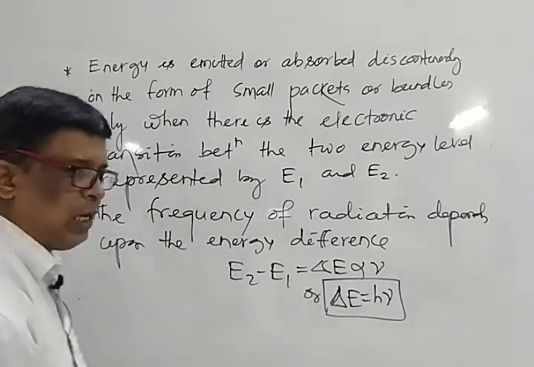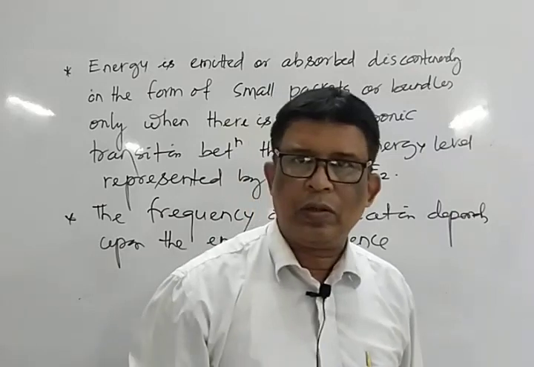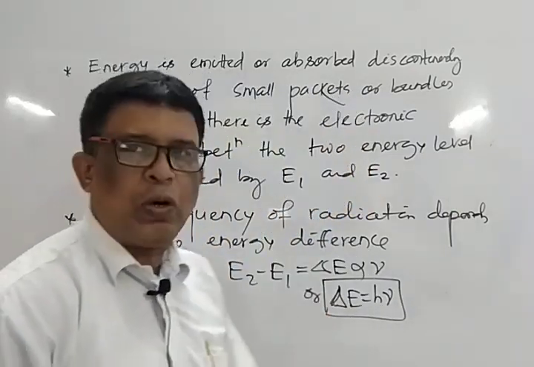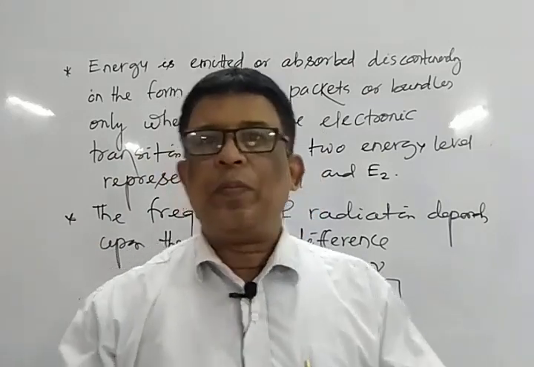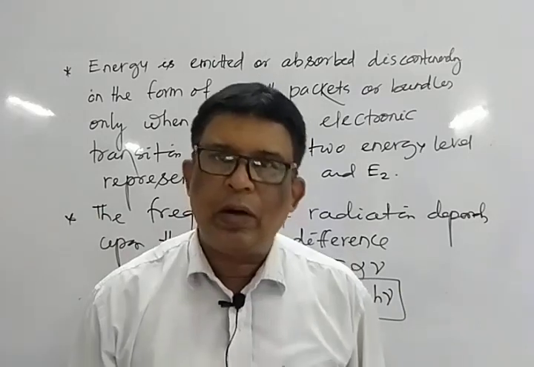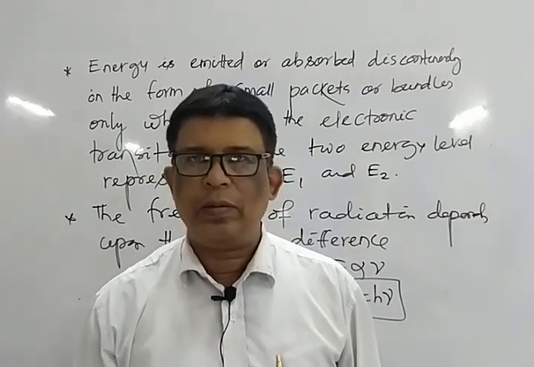We know h is a constant known as Planck's constant. That means the difference in energy is directly proportional to the frequency of radiation. Higher the energy difference, higher the frequency of radiation.